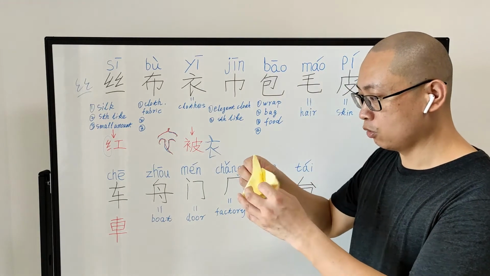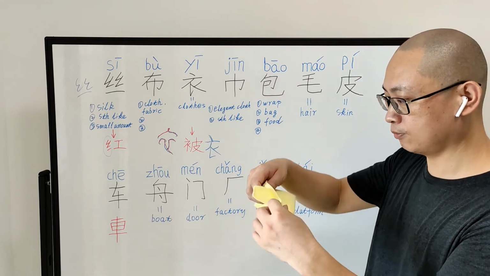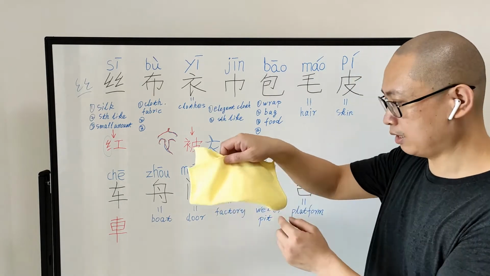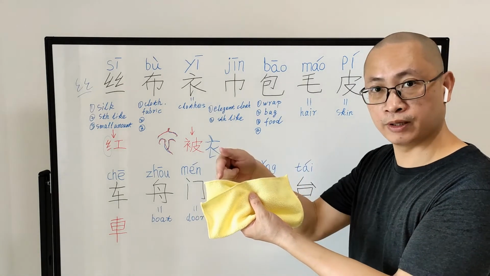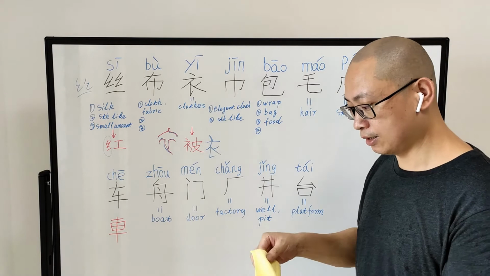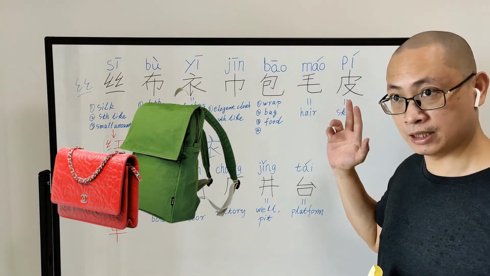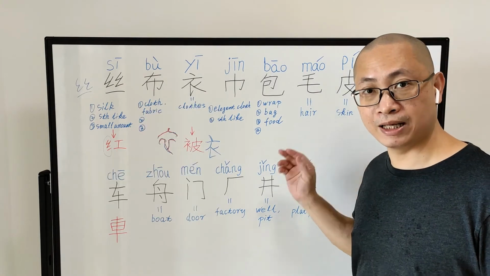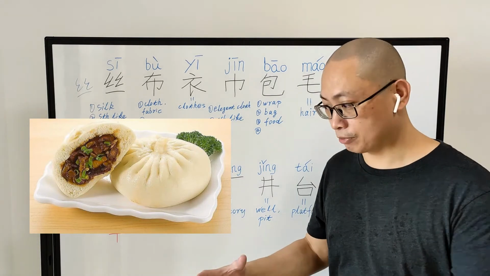Okay, next. What if I sew this side and sew this side and attach a zip to the top of it? Is it like a bag? So the second meaning is bag. The third meaning is a kind of Chinese food with meat, vegetable wrapped in.